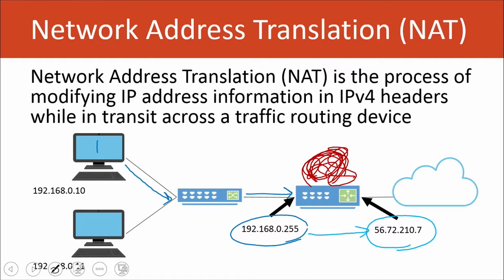Everybody that's out in the internet, this cloud here, is going to see this public-facing address. They're never going to see the private address that's being used by the computer on the local area network. This is a really cool process because it makes it a little bit easier for us to use IPv4 addresses.